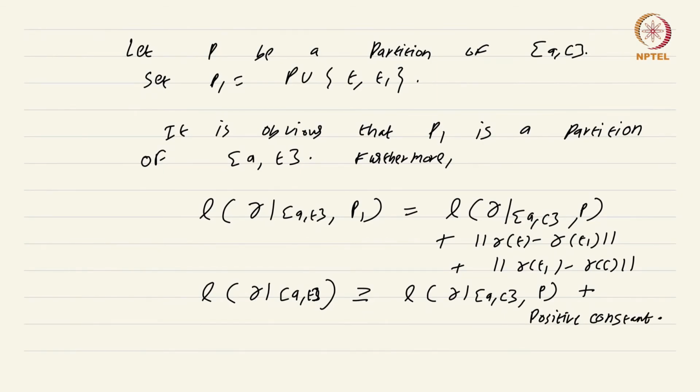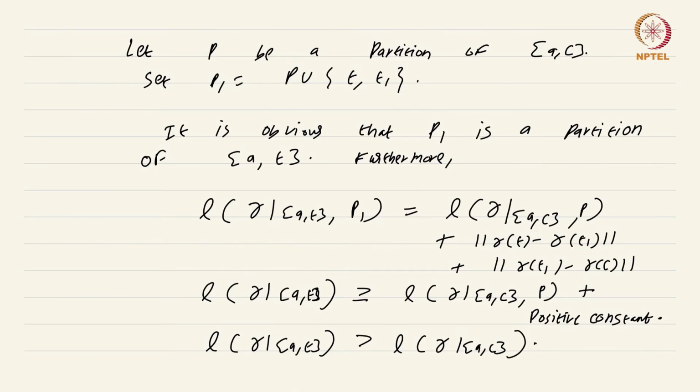Now taking the supremum on the right hand side with respect to P, we conclude that the length of gamma restricted to [a, t] is strictly greater than the length of gamma on [a, c].